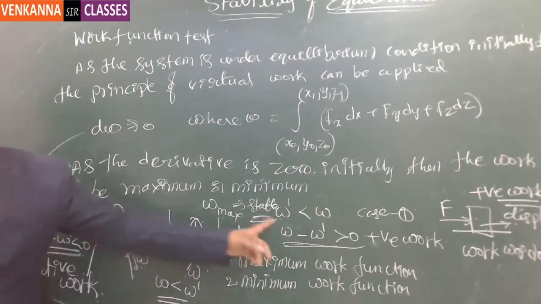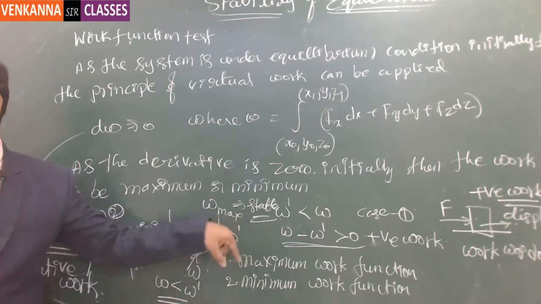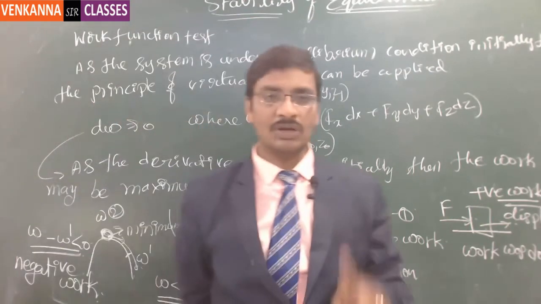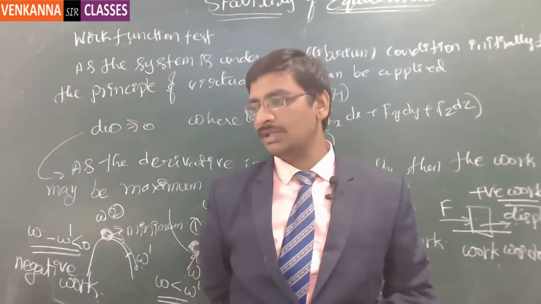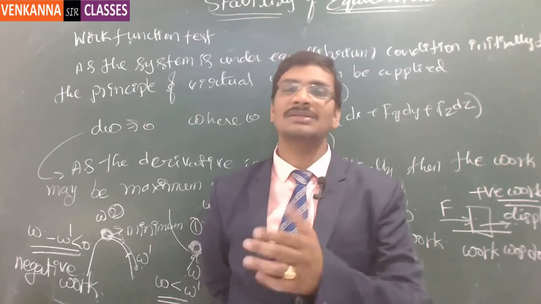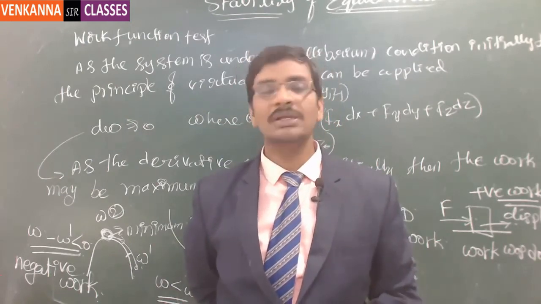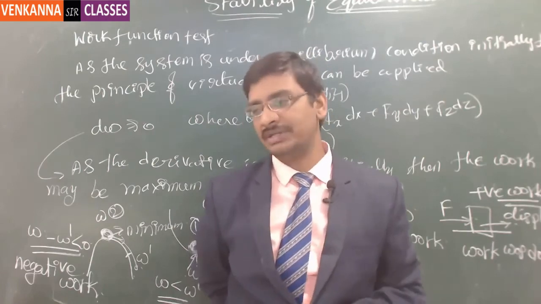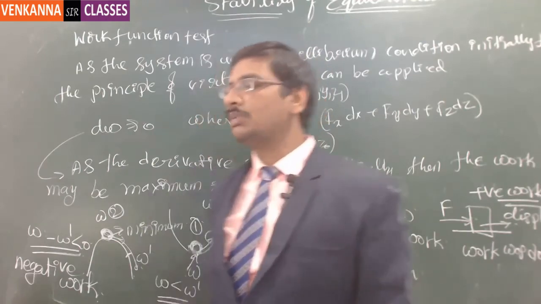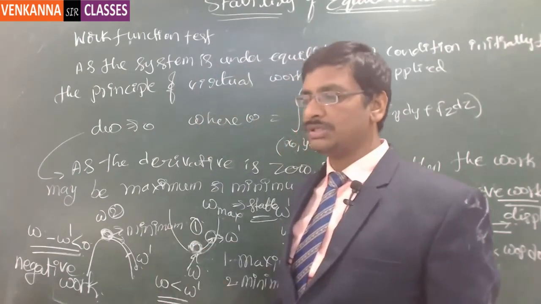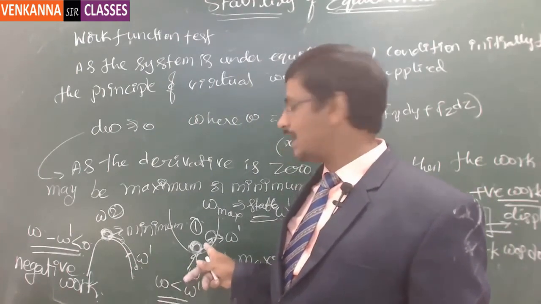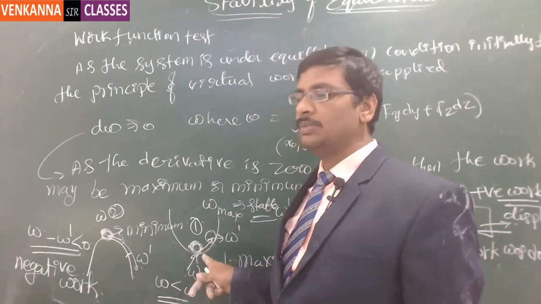So when the work function is maximum, the potential energy is minimum. As I said, the work energy theorem says that whatever work you do will be stored in the form of energy. That means if you do more work, more energy is getting stored. But the stability comes only under the least potential energy case. That means work and potential energy are opposite to each other, right? So here, if it has maximum work function, then it is under the least potential energy.